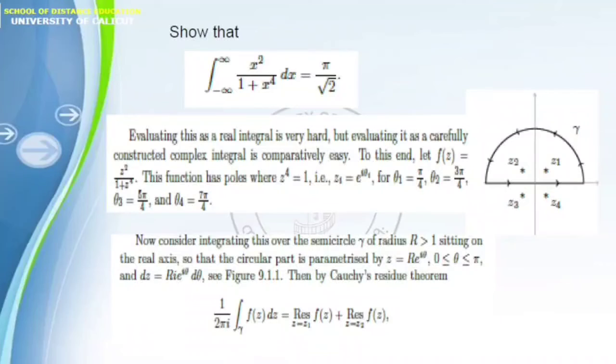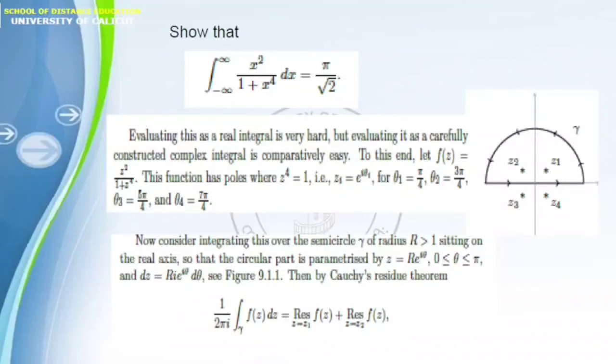It has poles at z raised to 4 is equal to minus 1, that is e raised to i theta, where theta is equal to pi by 4, 3 pi by 4, 5 pi by 4 and 7 pi by 4 are the roots of this function. From these roots z1 and z2, pi by 4 and 3 pi by 4 lie in the upper half plane of the circle.